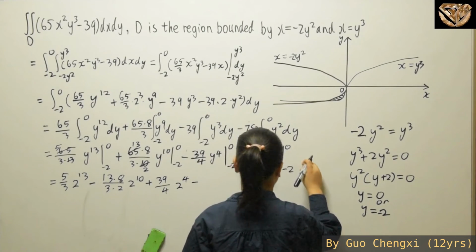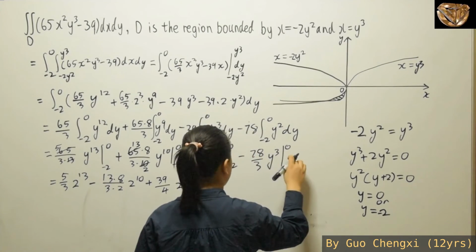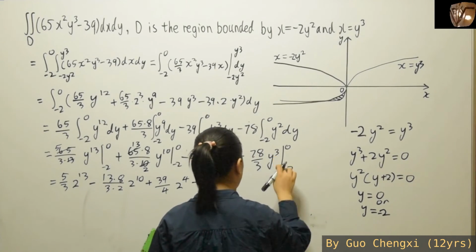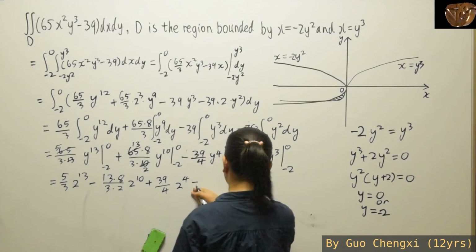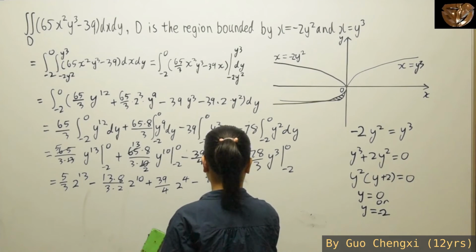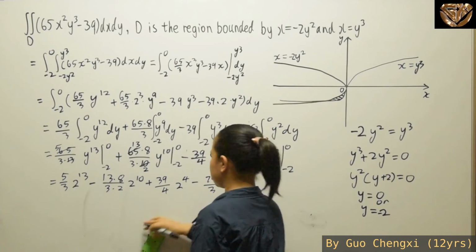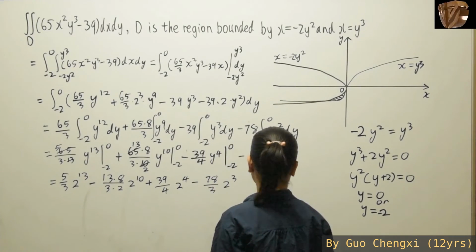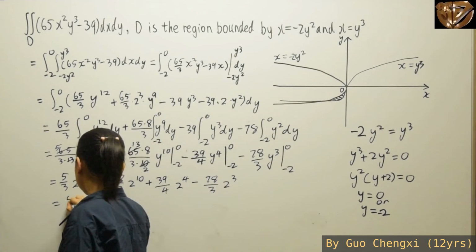Then we also have this part, which has minus become positive, but since this power is odd, so negative, it's going to have another one, so it's going to be minus like this, okay?